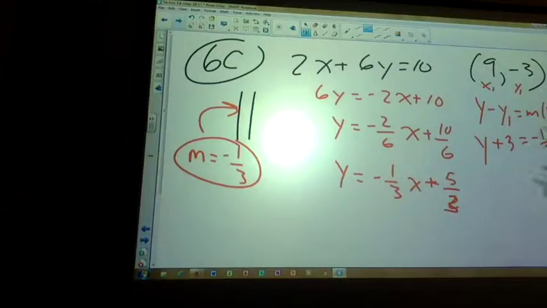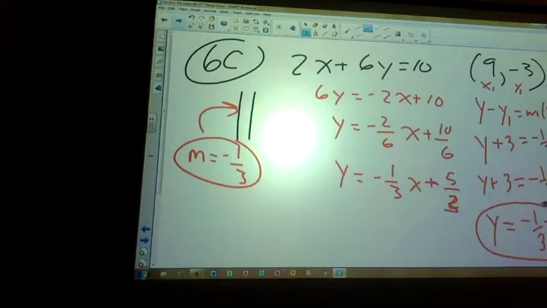I'm going to distribute the negative 1/3 over the parentheses first. Negative 1/3 times x is negative 1/3 x. Negative 1/3 times negative 9 is positive 3. Subtract 3 from both sides. So I get y equals negative 1/3 x plus 0, or just negative 1/3 x. Either one is fine. So this is parallel to the given equation, and it contains the point 9, negative 3.